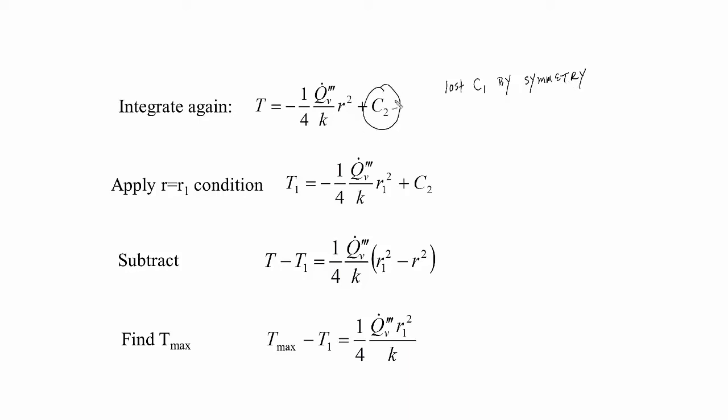We need to figure out what C2 is. We apply our second condition, which is the external condition, the external boundary, or that Dirichlet condition. And so we're essentially done. So we identify what C2 is in terms of T1, and T1 is known here, and the volumetric source.